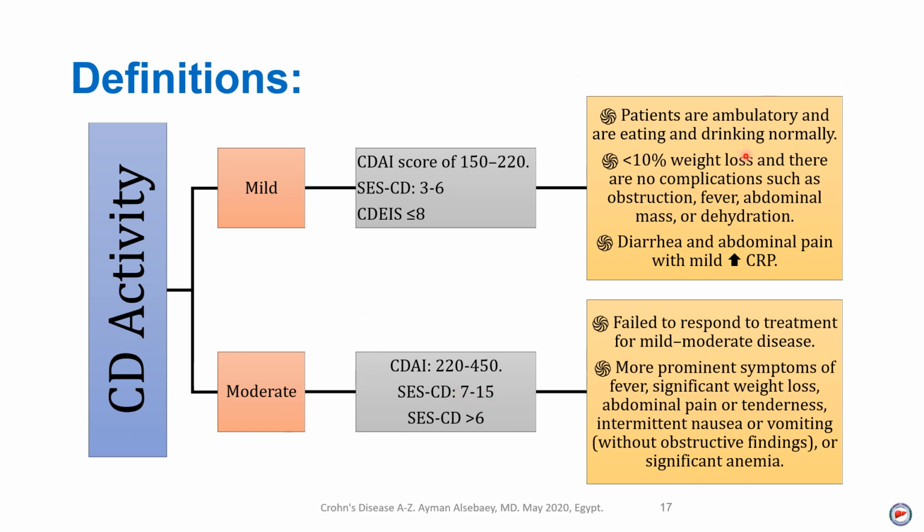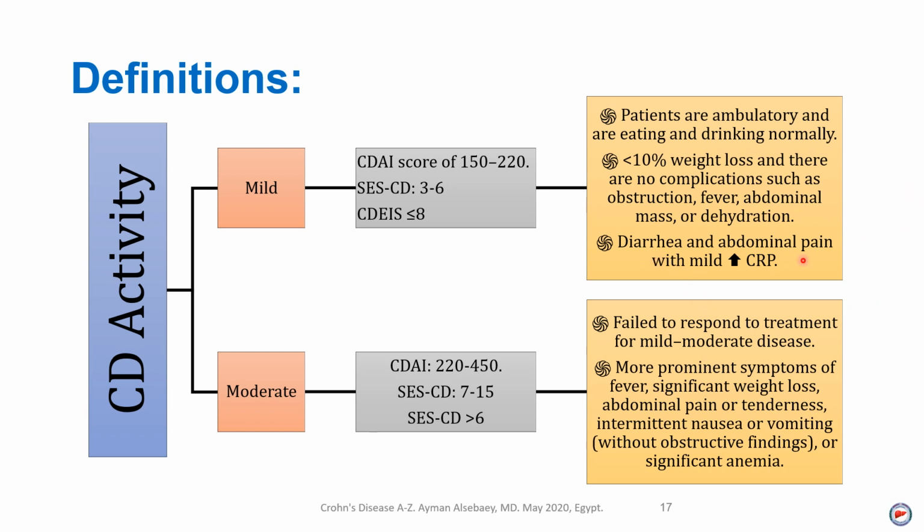This is a description found in the ECCO guidelines, giving a description for the mild and the moderate without scores. Mild cases: the patients are ambulatory and eating and drinking normally, with less than 10% weight loss, and there are no complications such as obstruction, fever, abdominal mass, or dehydration.